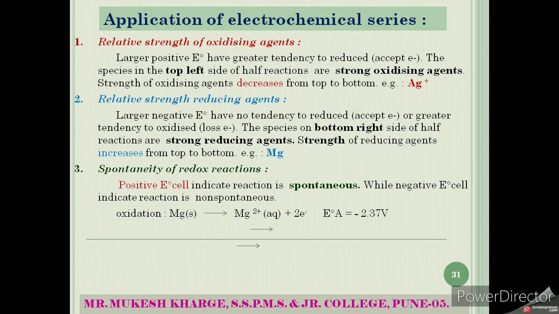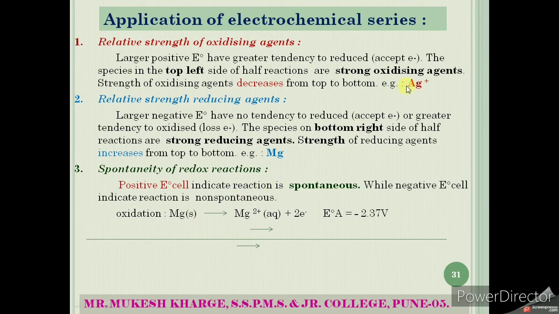One metal which acts as a reducing agent is magnesium. So solid magnesium undergoes oxidation to Mg2+ aqueous plus 2 electrons, and this oxidation takes place at the anode. So the E0 is minus 2.37. You can observe the value in the EMF series.